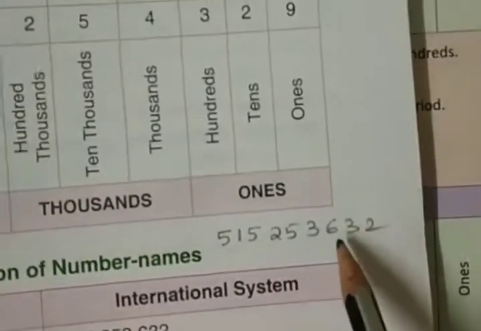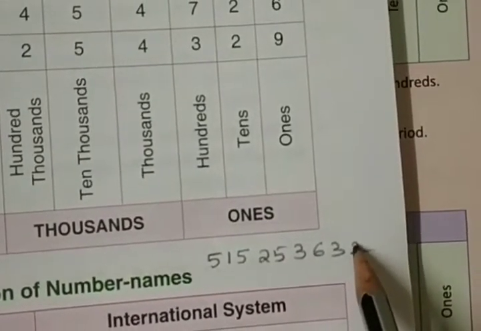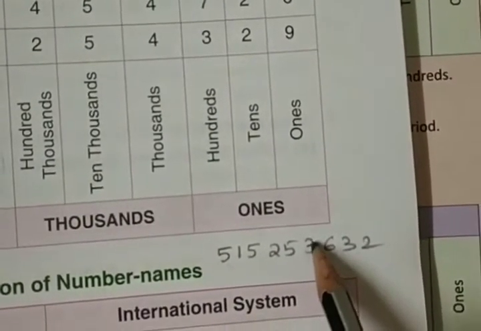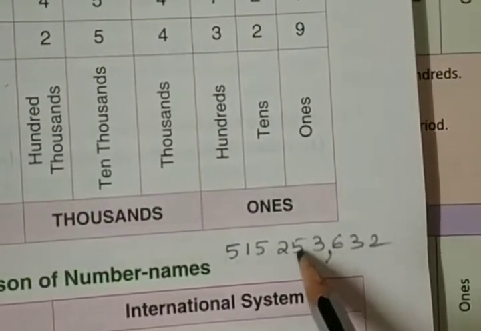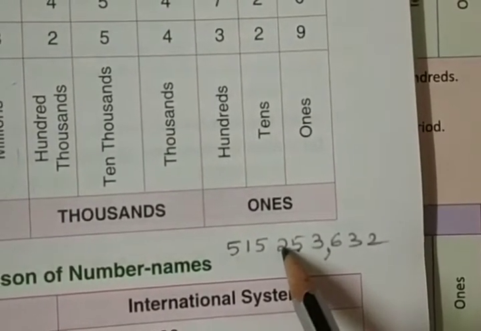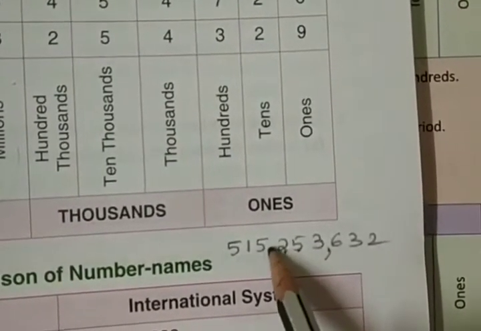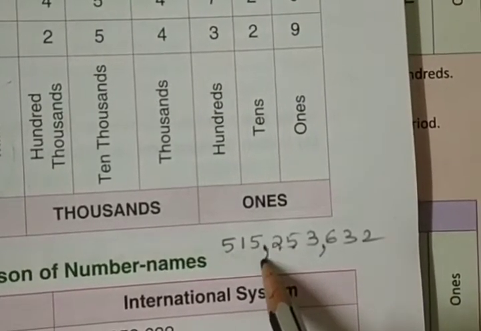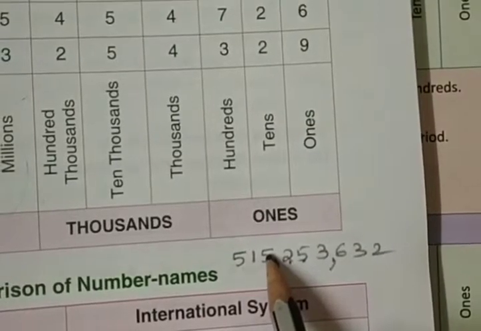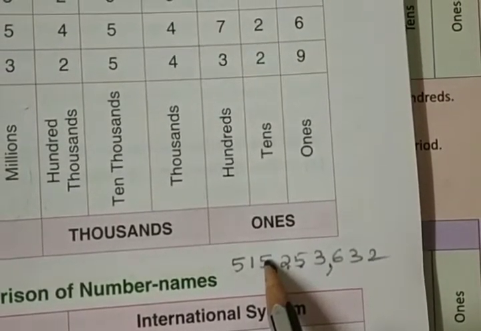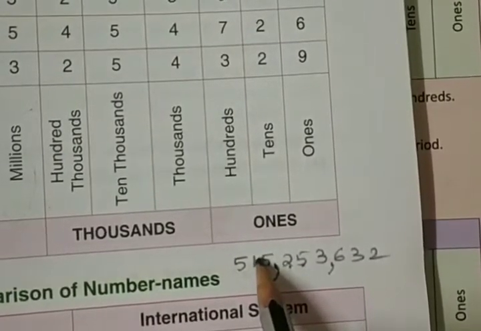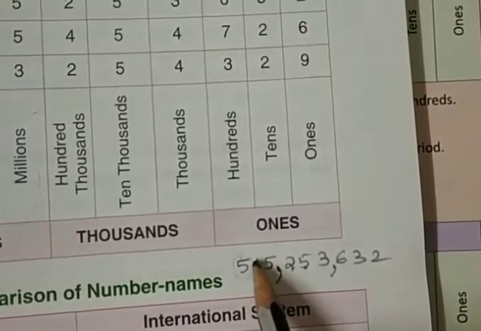The first period will be ones, tens, hundreds, so the first comma will come here. Then the next is thousands, 10,000s and 100,000s. The next period after 100,000s for international is 1 million, 10 million and 100 million.